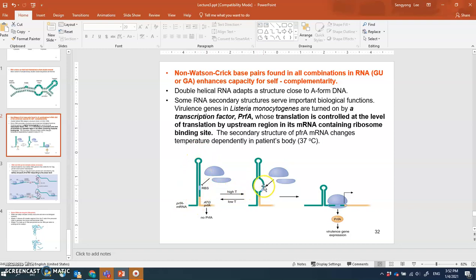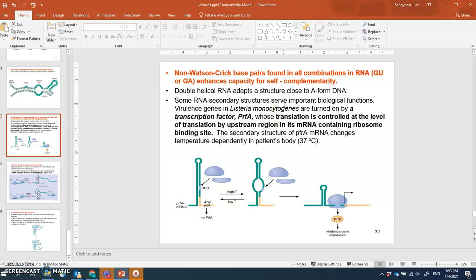If this conformation is made, then the ribosome binding sequence is now available for the large subunit and small subunit to hold on to. So the ribosome binds, and then they run through the rest of the mRNA. The translation will continue. If the translation starts, then what happens? The proteins are made. So the enzymes are made. That will contribute to more infection of the pathogen in the body, right?